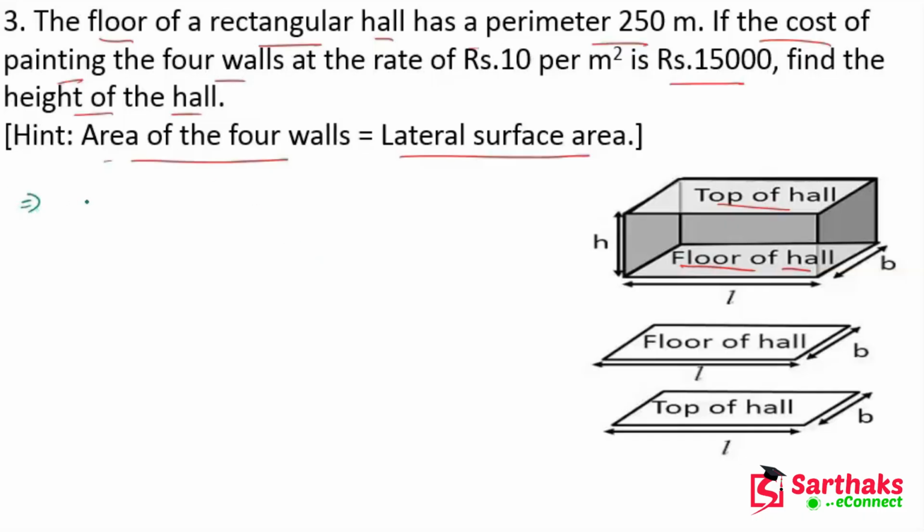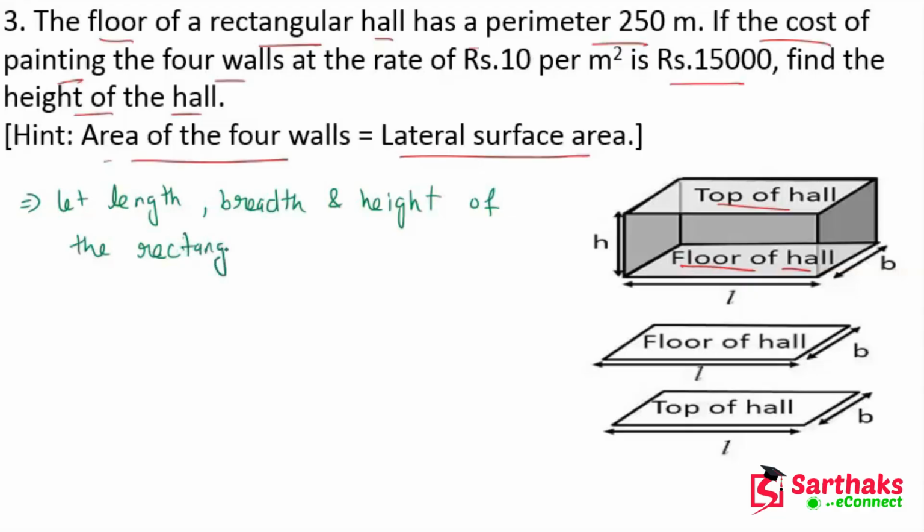Now first of all, we are assuming that the length, breadth and height of the rectangular hall, which is in the form of a cuboid, be L meter, B meter and H meter respectively.